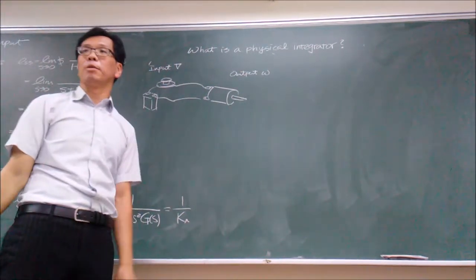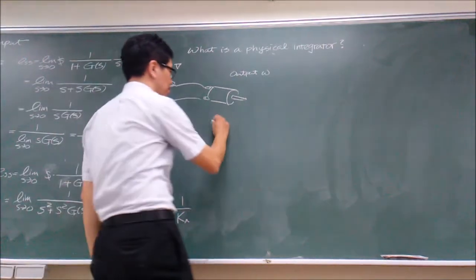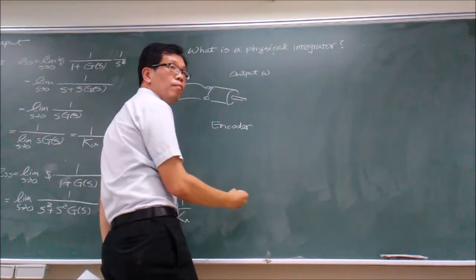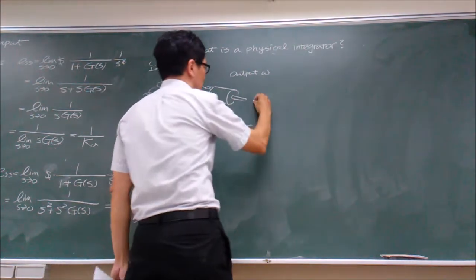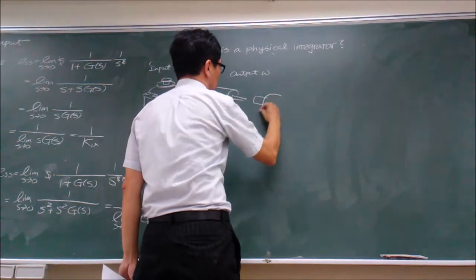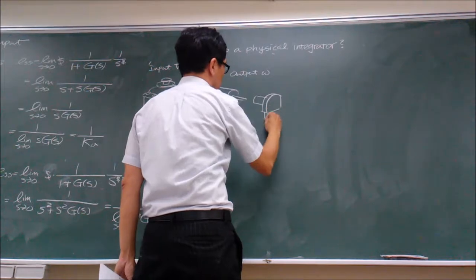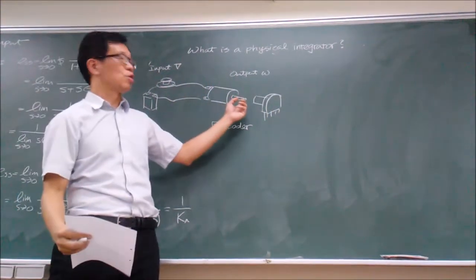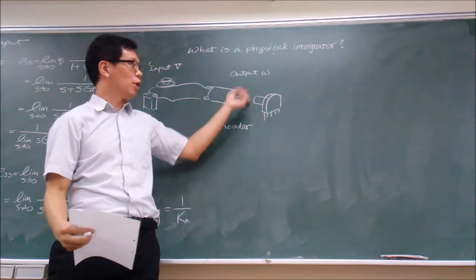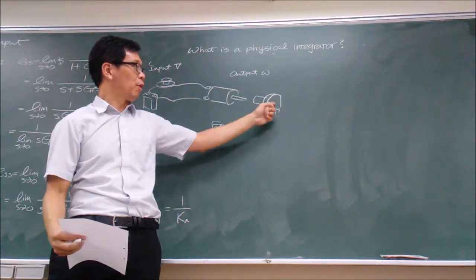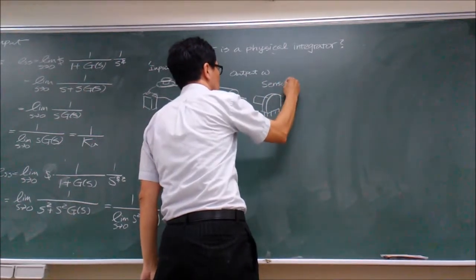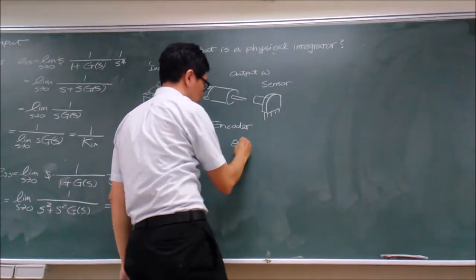Do you guys use optical encoder? No? Okay. Optical encoder is going to be something like this. It measures how much angle this one is rotating. So when it starts to rotate, the output of this sensor is going to tell you theta.